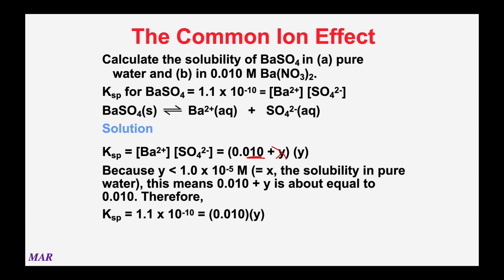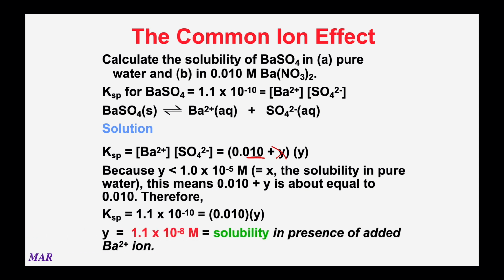And if you solve for y, that just is 1.1 times 10 to the minus 10 divided by 0.010, 1.1 times 10 to the minus 8 moles per liter. Now, this number is the solubility. It's how much barium sulfate is breaking down to ions, but in the presence of the barium. And that's a number smaller than the 1.0 times 10 to the minus 5 number that you saw for pure water.